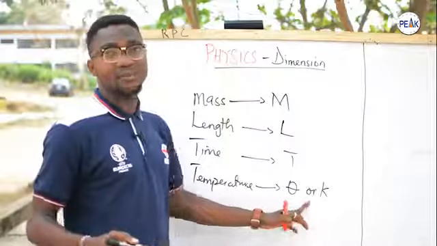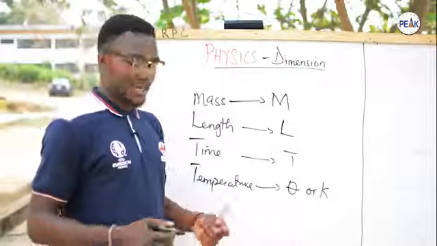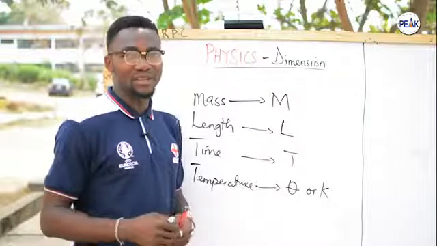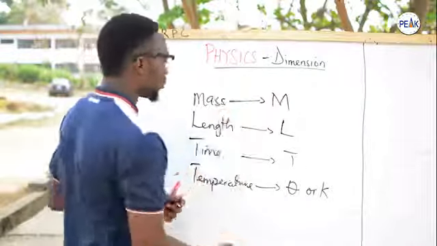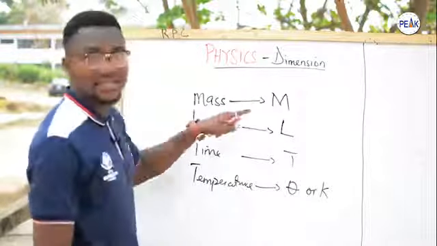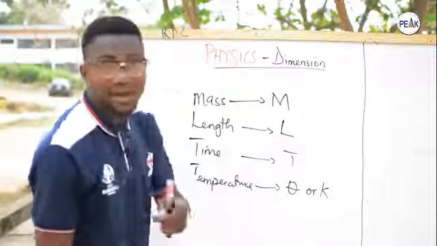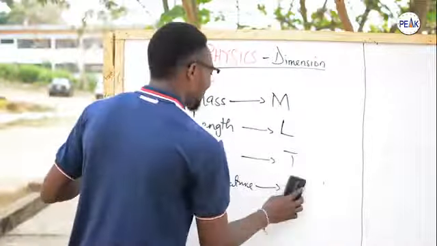If you see theta, that means you are going to work with theta, and if you see K, you are going to work with K. Now let us take a few examples and arrive at their dimensions. So please take note: mass, capital M; length, capital L; time, capital T; and temperature, theta or K.